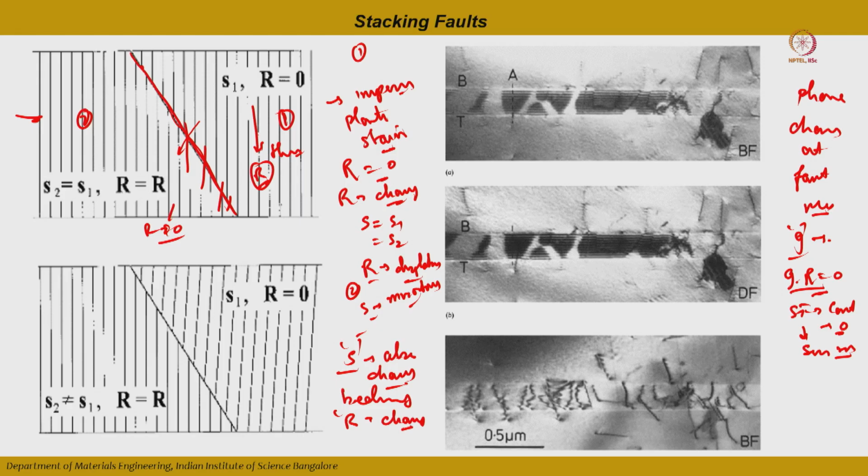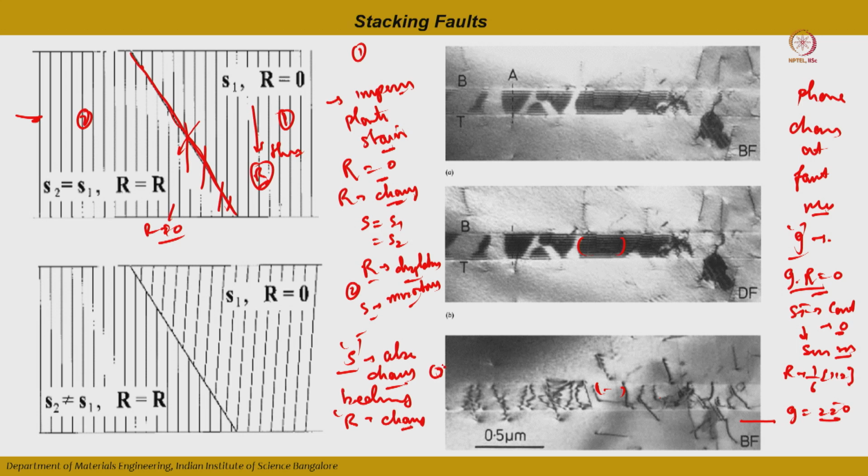Okay. So, in this figure the R for this particular fault is 1/6 [112], and in this third condition, if the G is 2 bar 0, then your G dot R becomes 0, and you can see that the fault is not visible as these fringes in the third case.